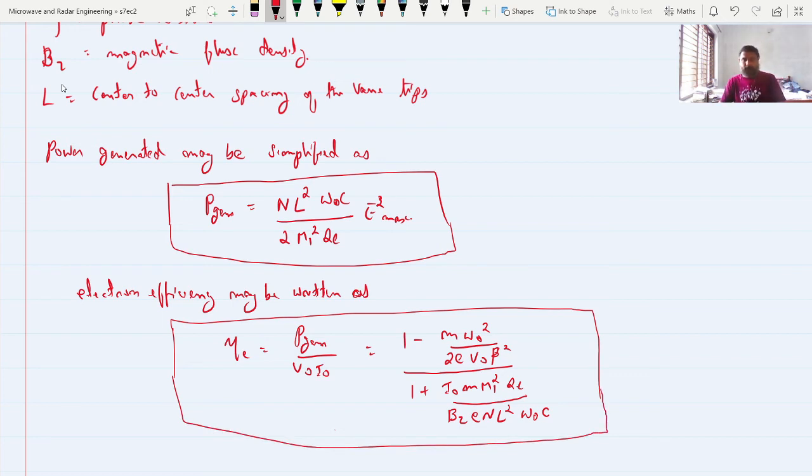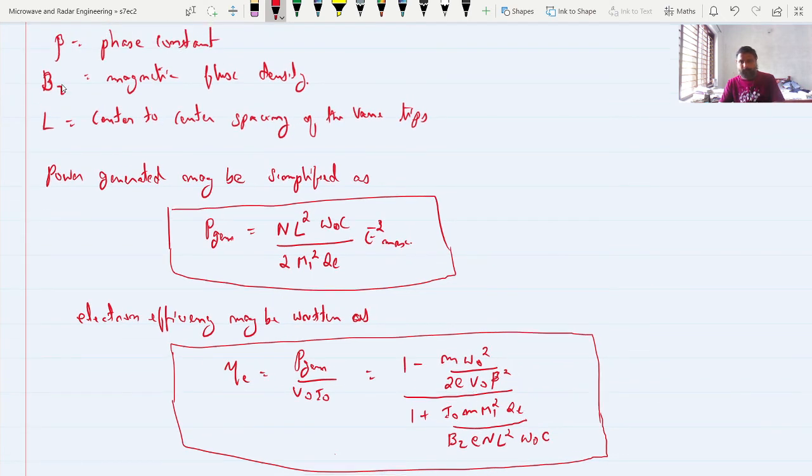Just calculate this one because P gen you already know, so that value I have put here, divided by V naught into I naught. You already know V naught and I naught, so ultimately you will get the final answer.